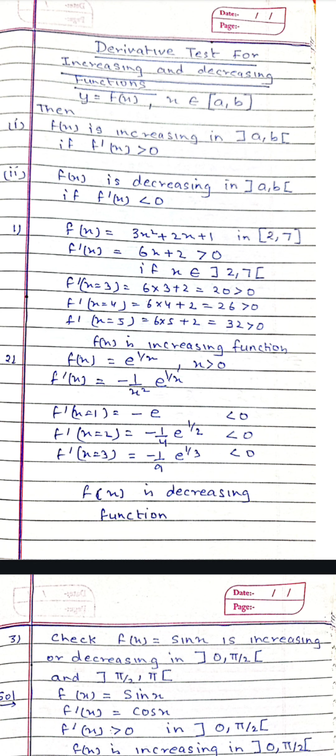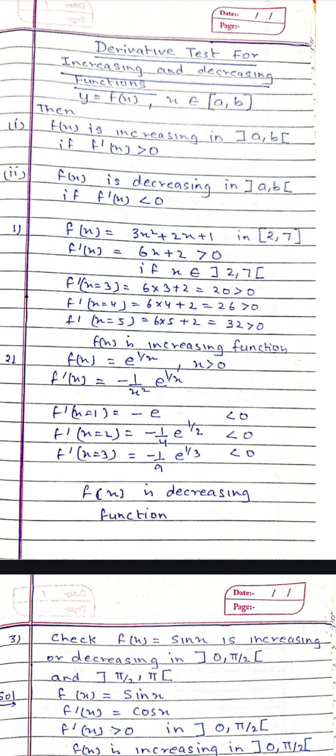First question: f(x) is 3x square plus 2x plus 1 in the interval (2, 7). f dash x is equal to 6x plus 2. The value of f dash x will always remain positive for all values between 2 and 7. Let us consider f dash x at x is equal to 3.